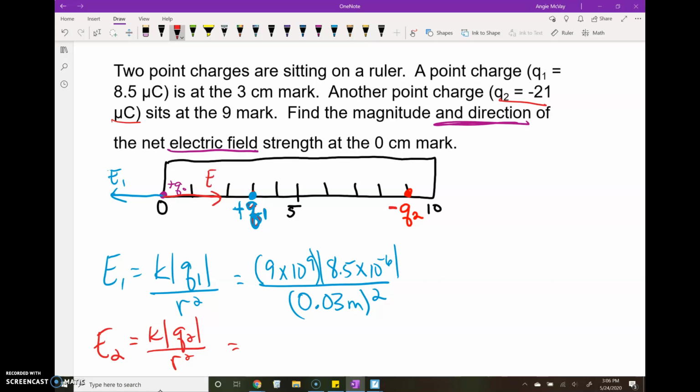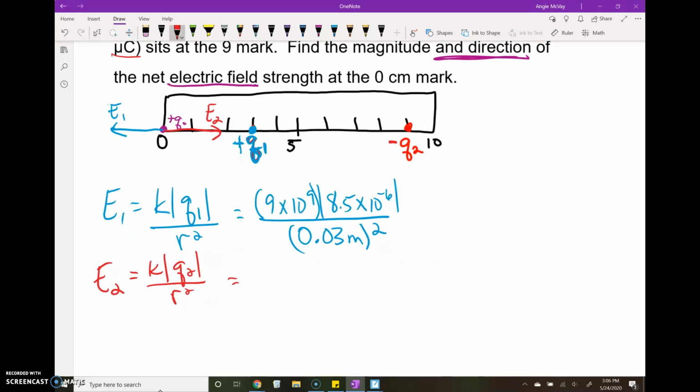So the electric field due to charge 2 would be to the right. So whatever we're going to do here, we're going to calculate the values of E1 and E2. Whichever one is bigger is the electric field that is stronger, and when we subtract them, we'll be able to not only find the direction of the net electric field, but we'll be able to find its strength as well.